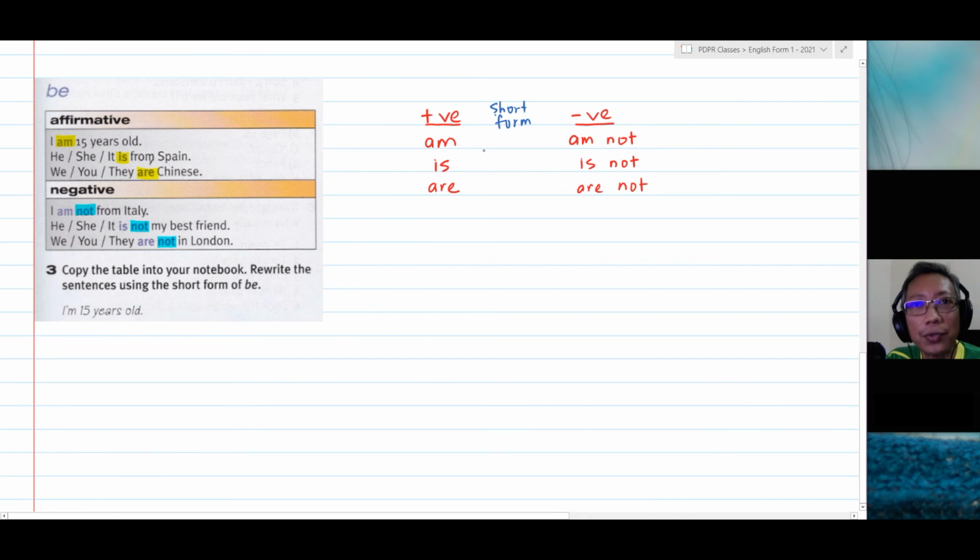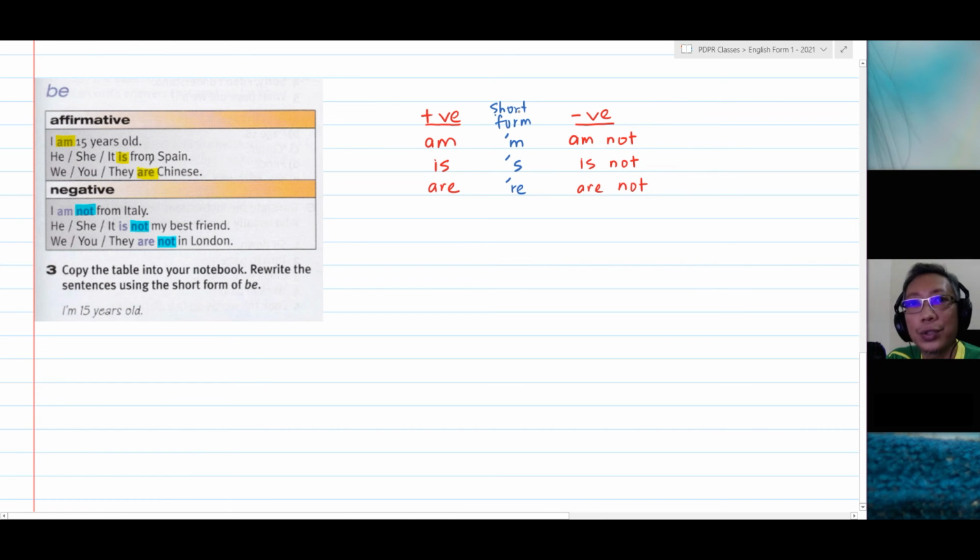Okay, what is the short form for am? Okay, it is apostrophe am. What is the short form for is? It is apostrophe s. What is the short form for are? It is apostrophe re.